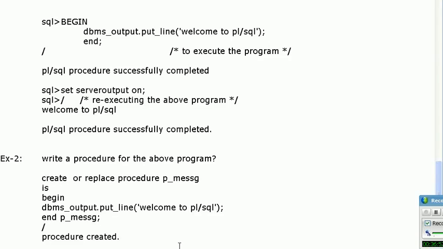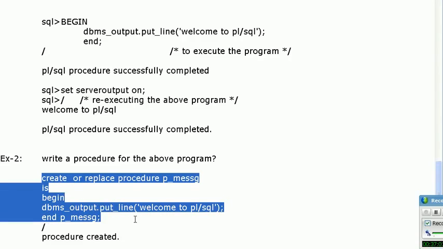One more important point is that procedures can be created in a pre-compiled manner. Whenever you create the procedure, it will be created after compiling the program, after checking the syntactical errors.